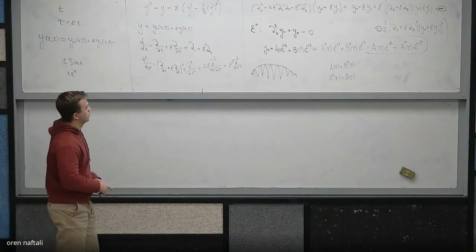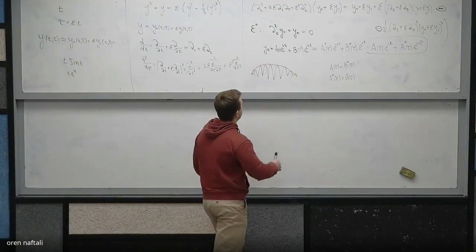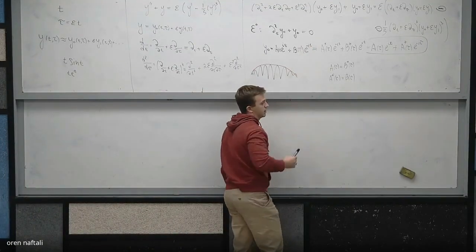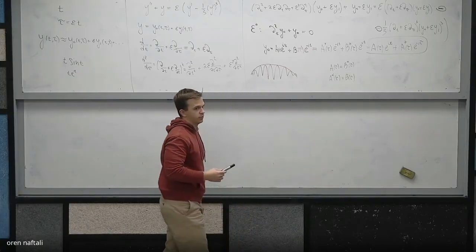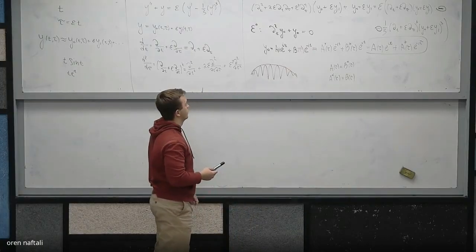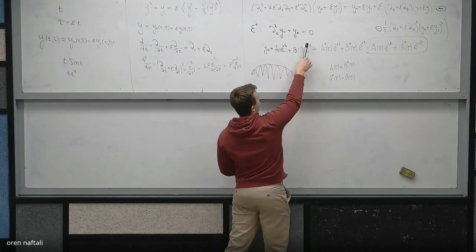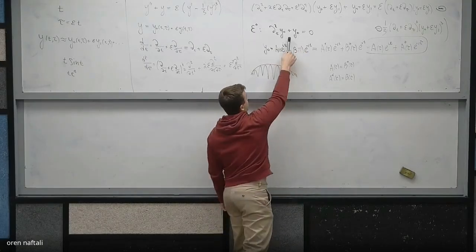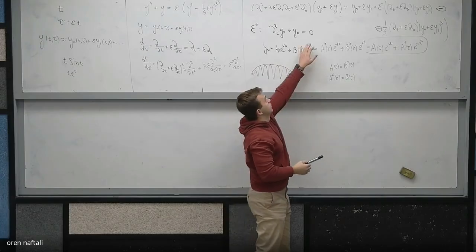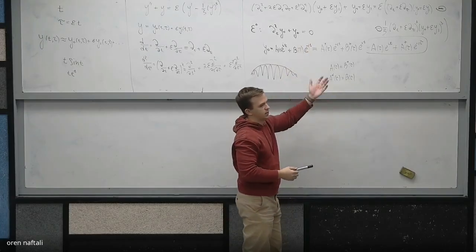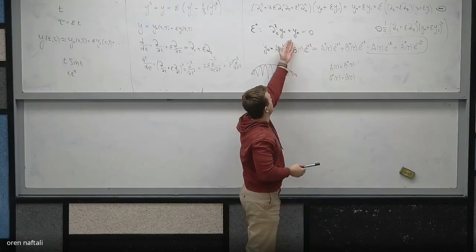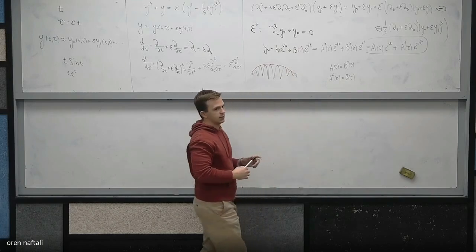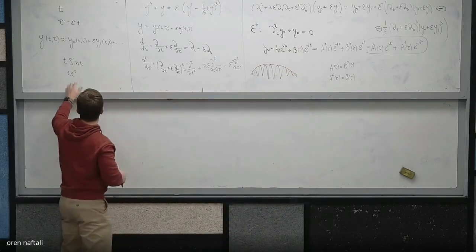We have secular terms only when we have some right hand side which is non-zero. You have, for example, some force that has the same frequency as this part. So if you have a term like sine of t or cosine of t, eventually we will have resonance.